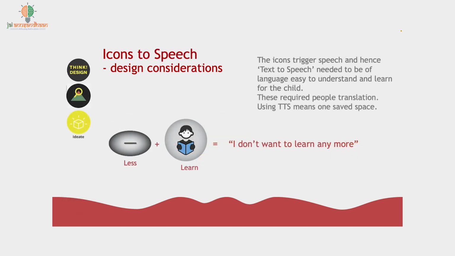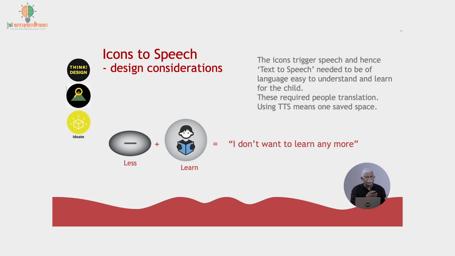Once we had the images, the next challenge was how do we actually do the language part of it. Basically, the icons need to trigger speech, and hence text to speech needed to be in a language that is easy to understand for the children. We found that the machine voices are not really child friendly. So it needed people's translation, and making use of text to speech saves some space.